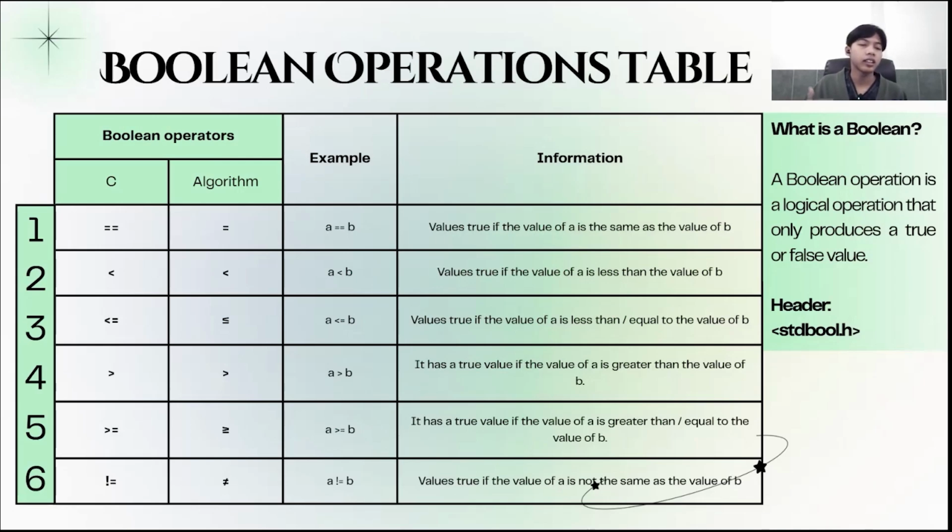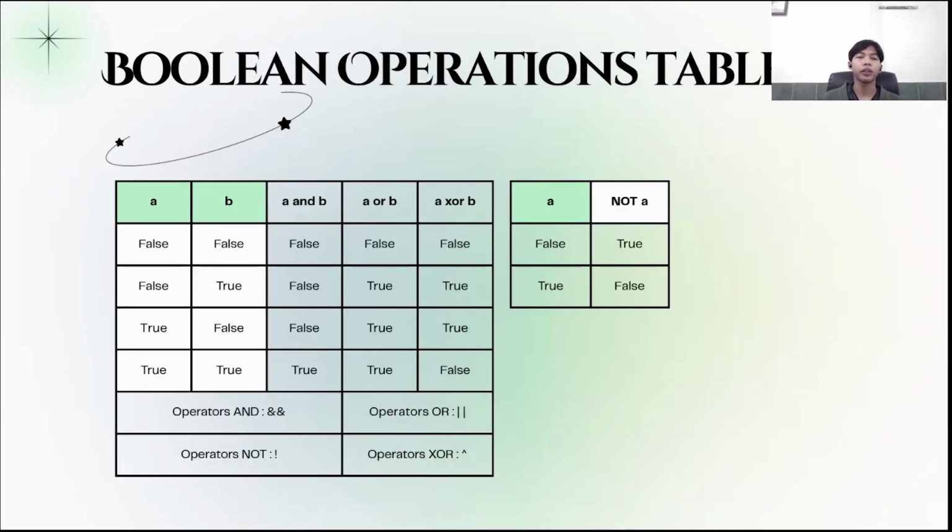In C, it's an exclamation mark and equal, written separately. In algorithm, it's the basic arithmetic symbol for not equal. For example, A not equal B means the value is true if the value of A is not the same as the value of B.